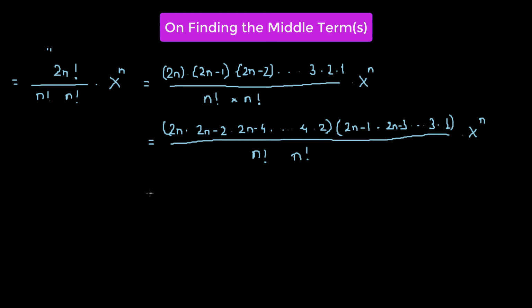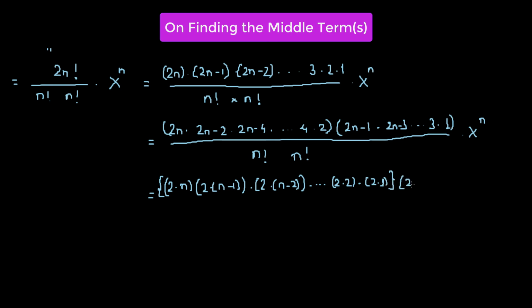Now we are going to factor out 2 from each of the even elements. So we can write 2n as 2 times n. Then we can write the next one as 2 times n minus 1, times 2 times n minus 2, all up to 4, which can be written as 2 times 2, and 2 can be written as 2 times 1.